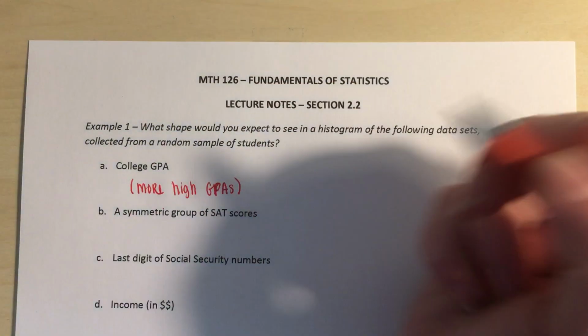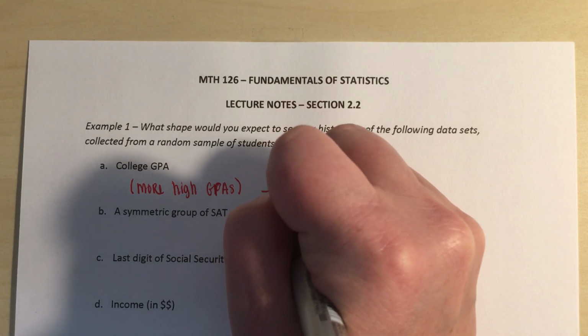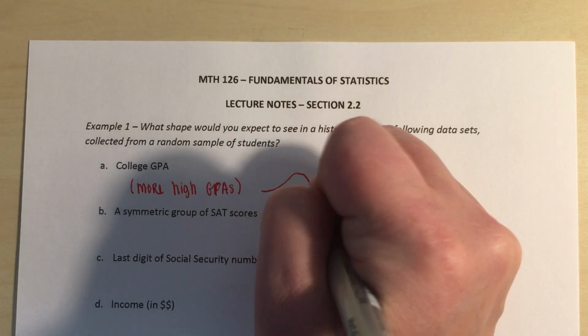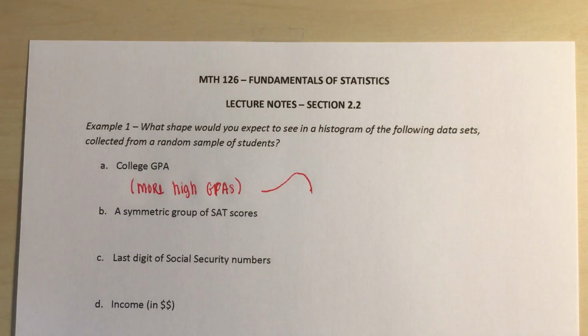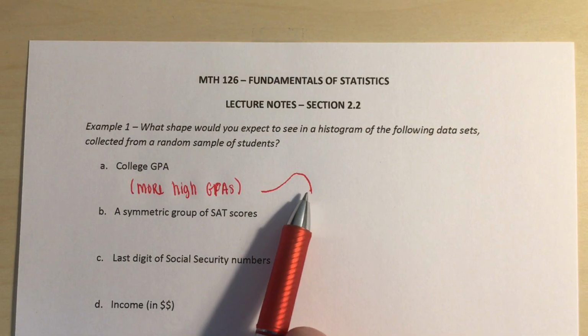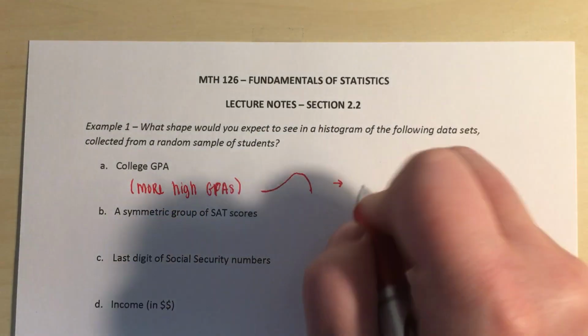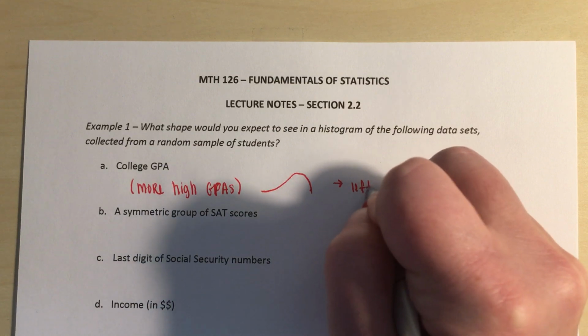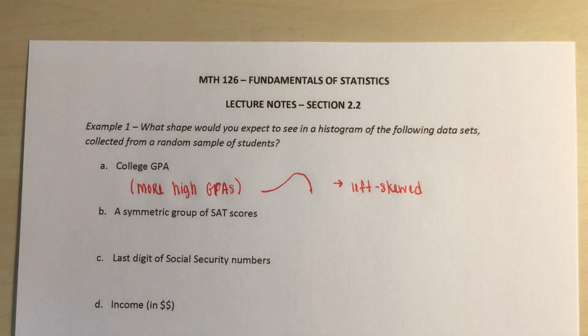So if we're thinking about this as the shape of a graph, we're going to have a few students down here at the bottom, but then we're going to have a large group of people over here. Right? So more high GPAs. Since we have a tail over to the left, this is most likely going to be a left skewed distribution.